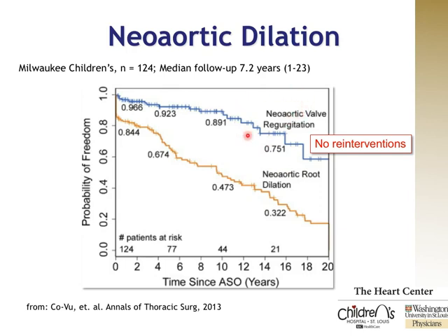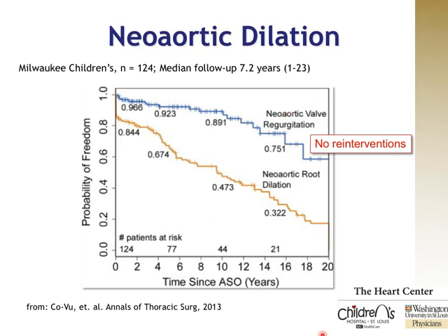And a lot of them, not quite as many, developed neo-aortic regurgitation. So at about 20 years, there was a 60% freedom from neo-aortic valve regurgitation. So 40% of these had important regurgitation. But even out this far in this experience, none of these patients were bad enough to require reintervention.